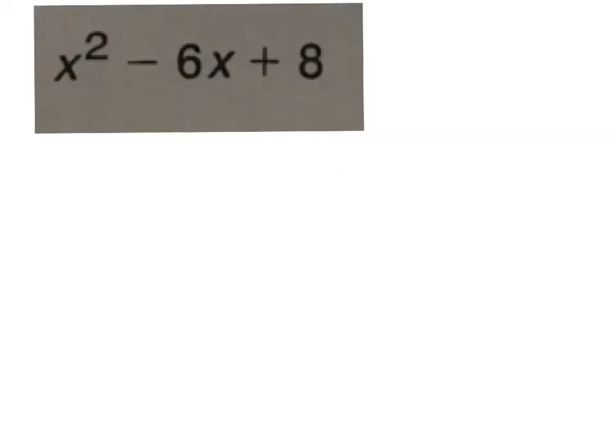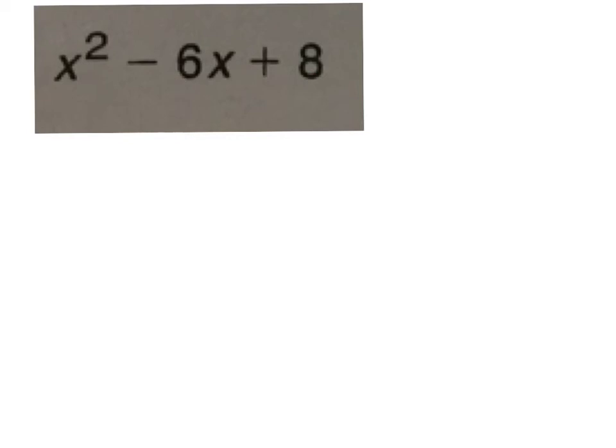So let's look at our last example in this group. Now, the first thing I do is I ask myself, is this in quadratic form? Does it go x squared and then just x and then no variable right here? Does it do that? Yes. So when it does that, problems or expressions in this form, if they factor, will factor into a product of what?